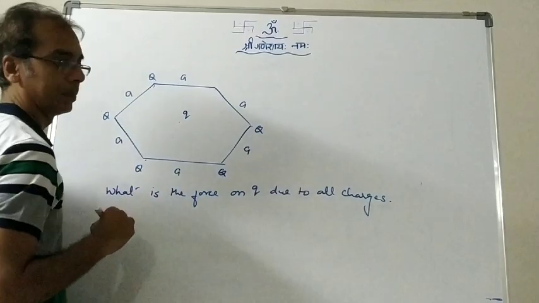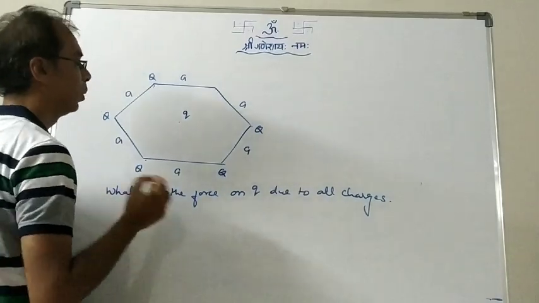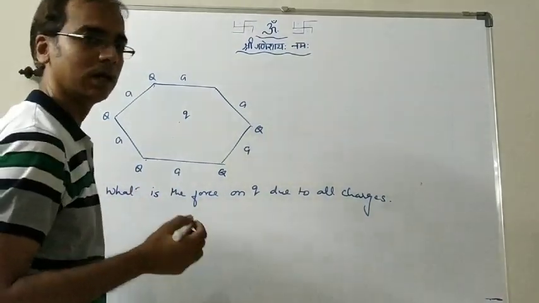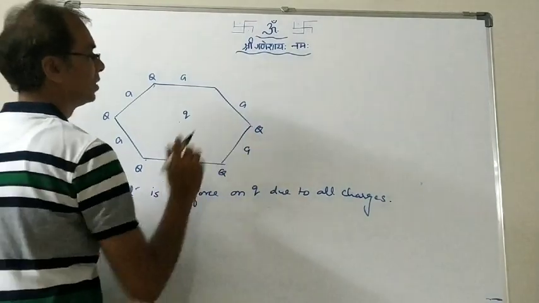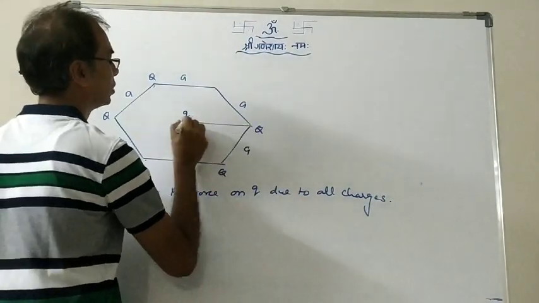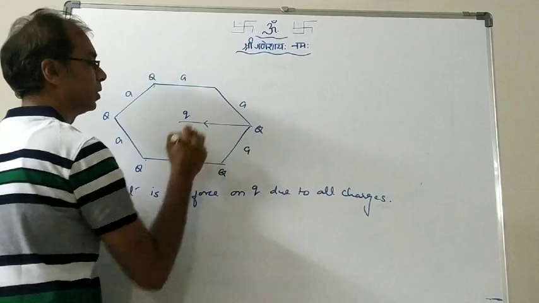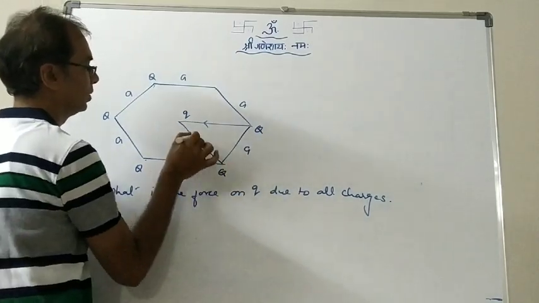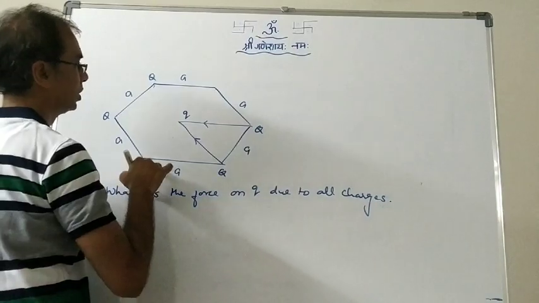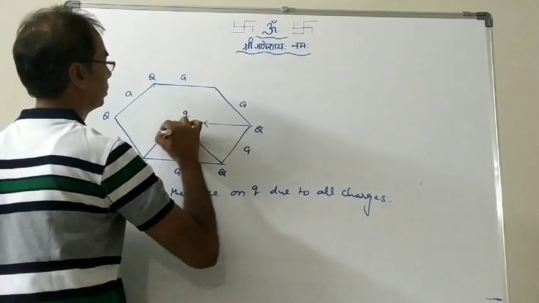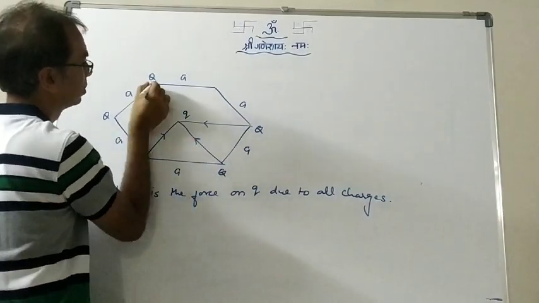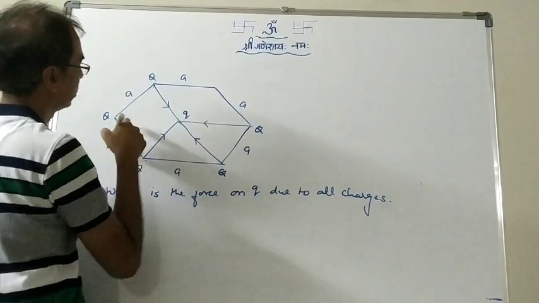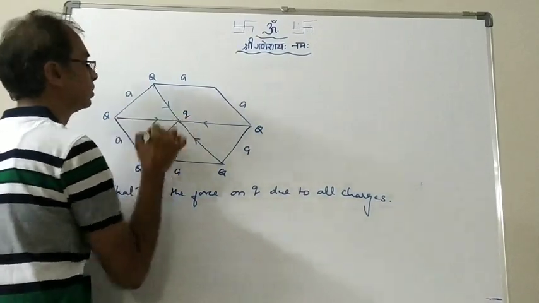So tell me what is going to happen. One by one we have to see how the forces are acting on small charge Q. Because of this capital Q first, what kind of force is it going to exert on this Q? Repulsive. This charge Q, repulsive. This charge Q, repulsive. This charge Q also repulsive.